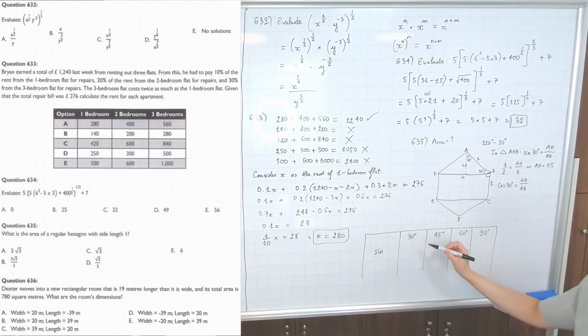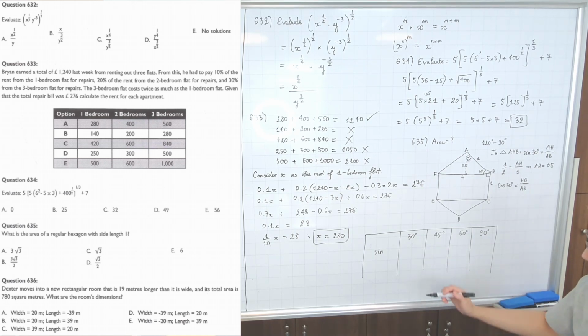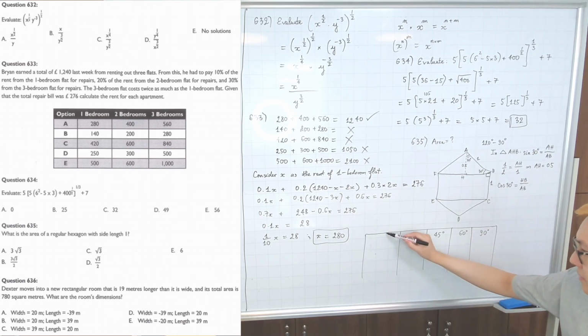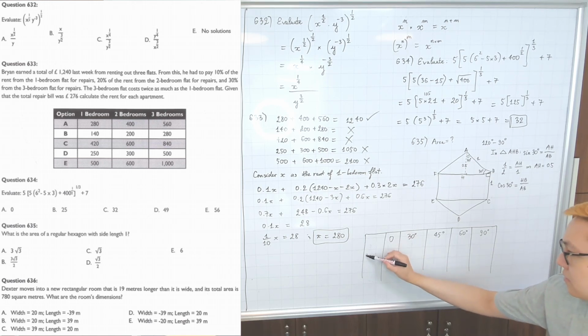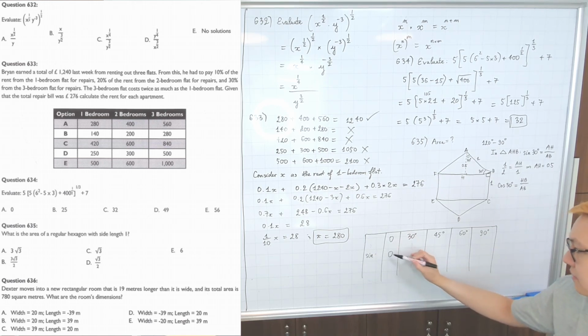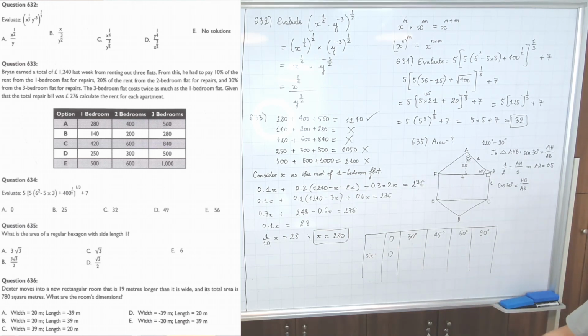Let's say sine, okay, so we should have 0 as well. So sine 0 is of course 0. Sine 30 is actually 1 out of 2. Thực sự nó là căn 1 trên 2 đúng không? It's square root of 1 divided by 2.